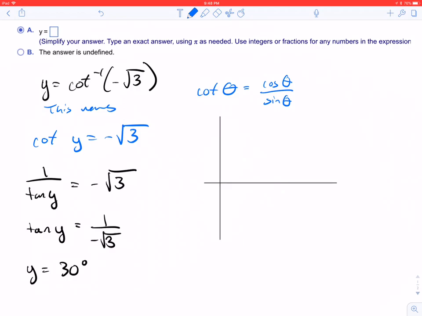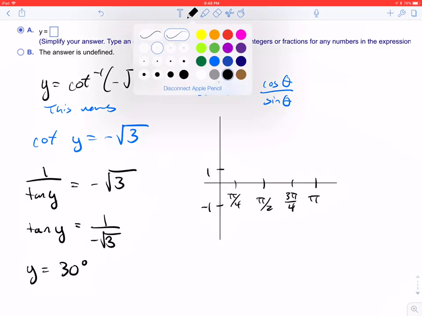Now, tan and cotan both repeat after pi. So say this is pi out here, that means this is pi over 2. This is going to be pi over 4 and 3 pi over 4, and say this was like 1 and negative 1. The zeros of cosine are going to be the zeros of tan, so that means of cotan.